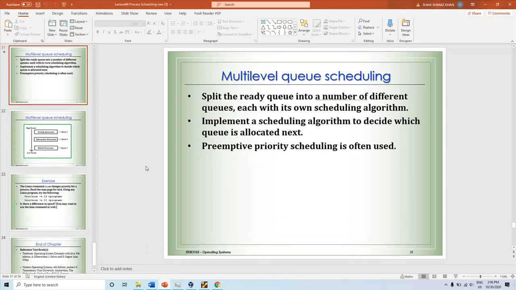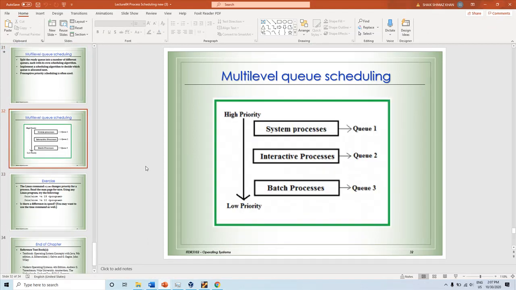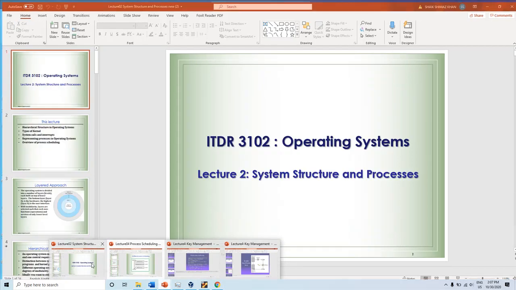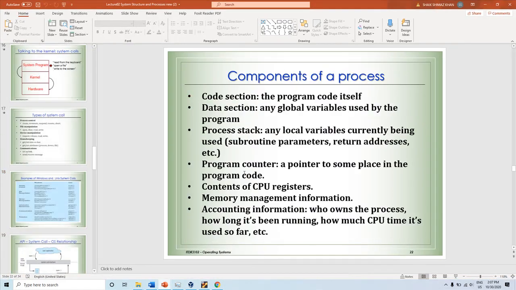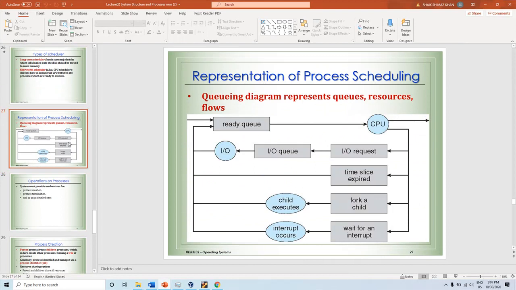So now let's discuss the multi-level queue. We have discussed the scheduling algorithms in detail. This queuing diagram is the fundamental thing you should know to understand the scheduling algorithm. Already we have discussed it.